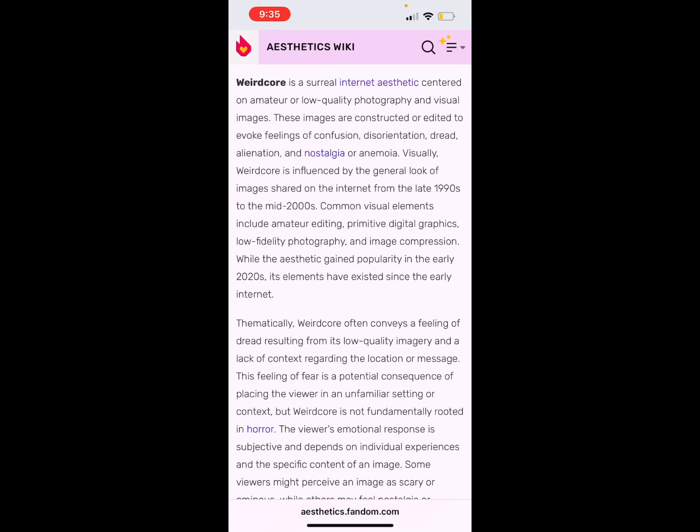Common visual elements include altered editing, primitive digital graphics, low fidelity photographs, and image compression. While the aesthetic gained popularity in the early 2020s, its elements have existed since the early internet.